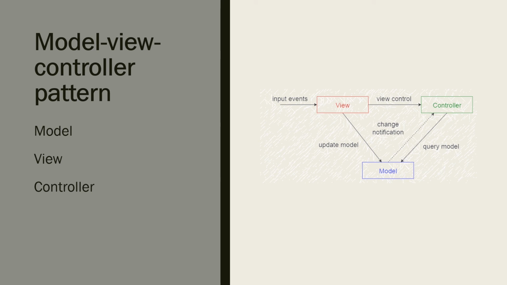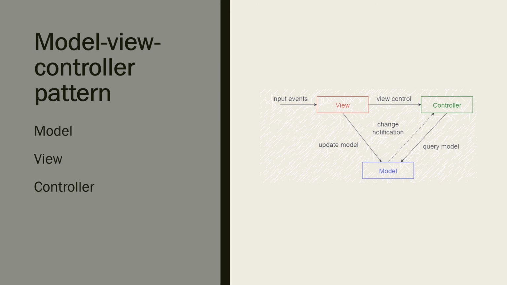This is done to separate internal representations of information from the ways information is presented to and accepted from the user. It decouples components and allows efficient code reuse. Maybe the major applications for this kind of architectural pattern are World Wide Web applications, and they can use a lot of programming languages.